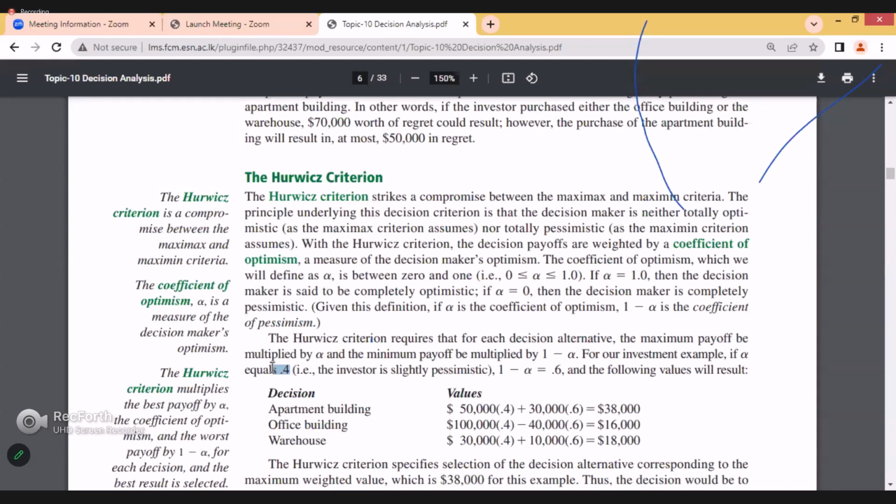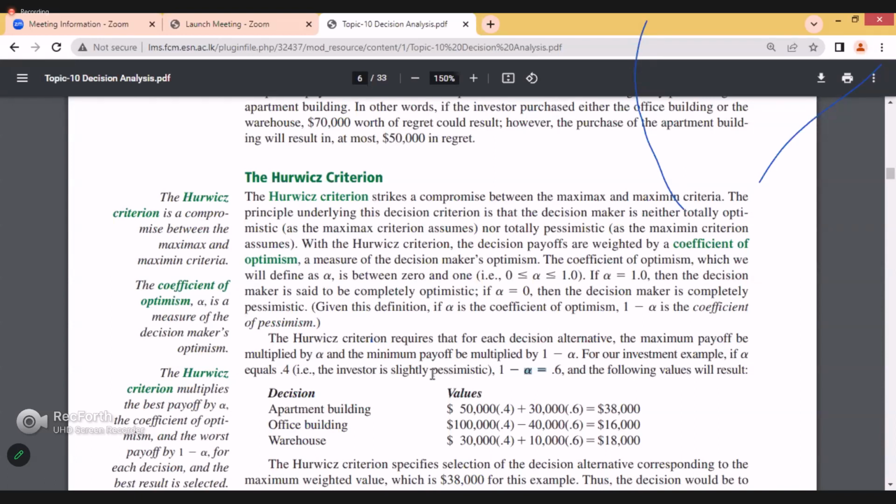So the state of nature, they are giving a weightage of 0.4 for good economic conditions. The weight for a bad economic condition is 0.6 because 1 minus alpha is the balance. That is for pessimistic.